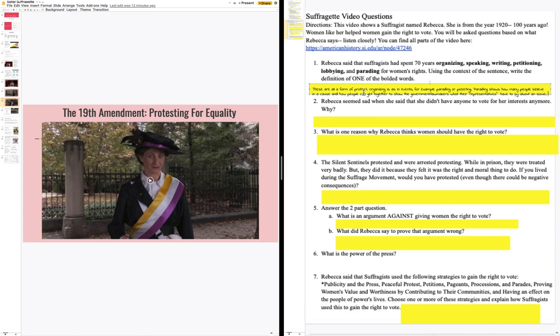So when you are parading, picketing, protesting, doing all of these things, you're showing the people in power that they're the people that they represent. You always think about government being by the people, for the people. Well, the government is for the people.